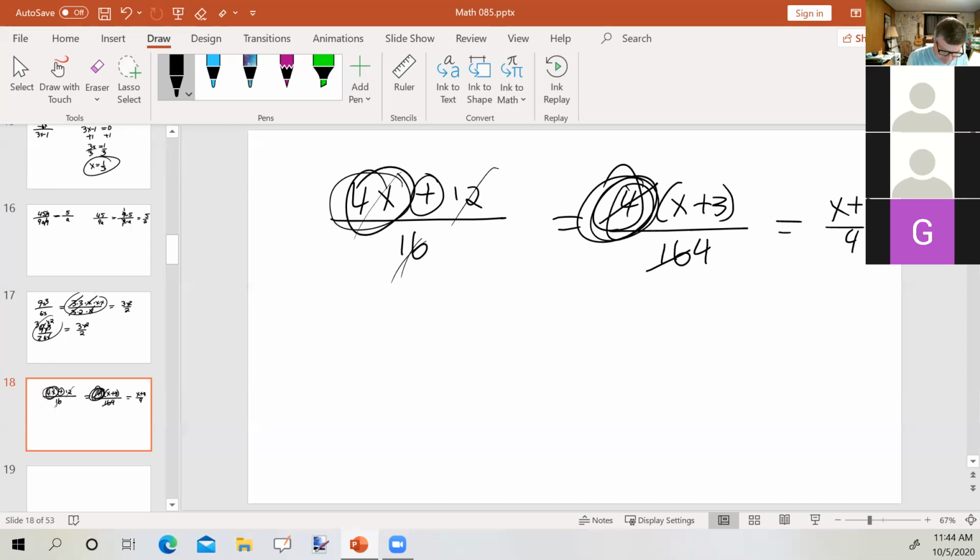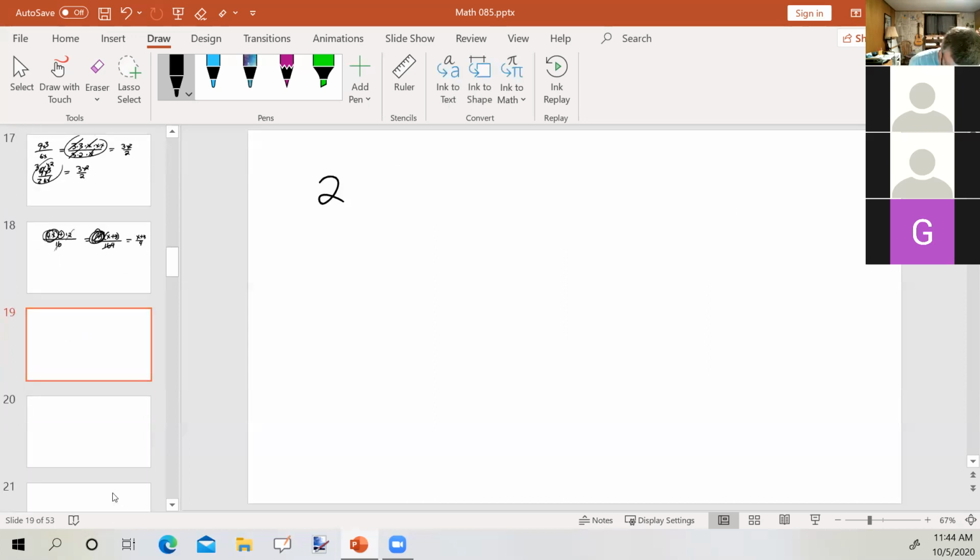Let's take a look at another one. 2x minus 14 over x minus 7. I cannot take 2x over x and reduce it to 2, because the 2x on top is not a factor of the entire numerator, and the x on the bottom is not a factor of the entire denominator. I also can't take negative 14 over negative 7 and reduce that down to 2 for the same reason.